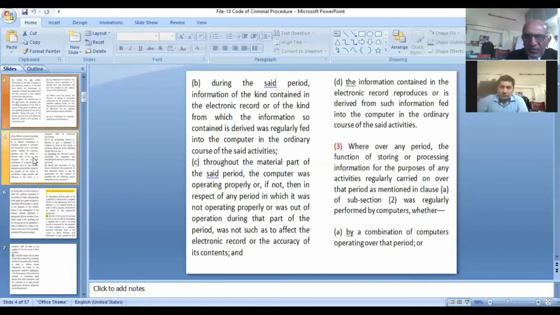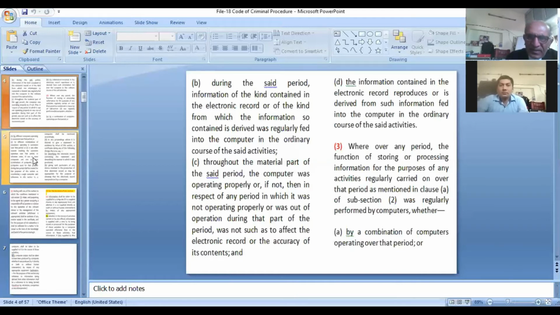So the test only is whether the non-functional period of such machine has any effect upon the accuracy of the contents.